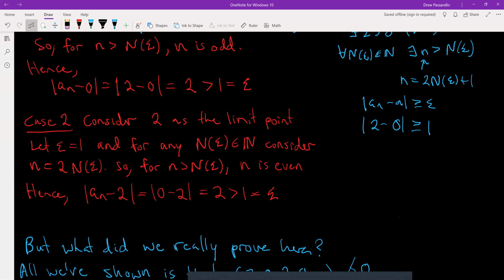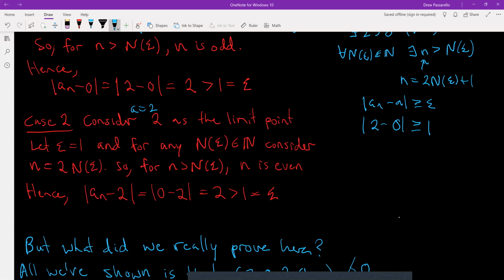So for little n bigger than capital N, where little n is even, we have the absolute value of the nth term minus 2, since this time our limit point is 2. Since we're dealing with the even indices, those terms are 0. So it'd be the absolute value of 0 minus 2, which is 2. And 2 is greater than 1, which is equal to epsilon.